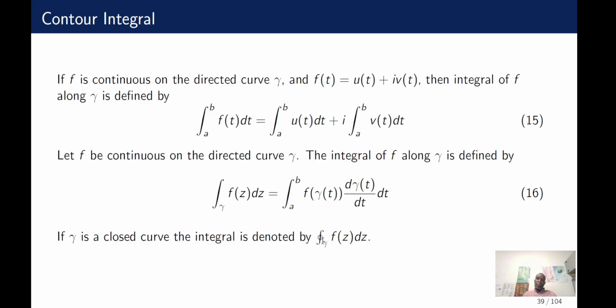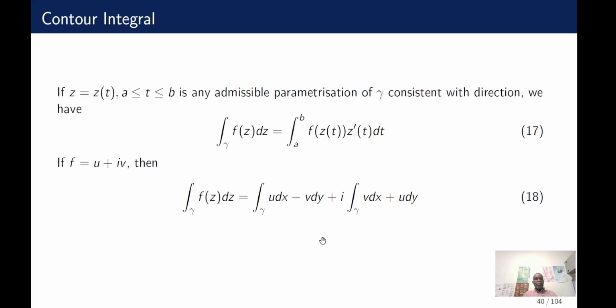So these are our path integrals. And if there are parameterizations, you can do the integration in terms of t. So this is your z, which is your parameterization. You multiply it by the derivative of the parameterization. That's just the chain rule which you have.